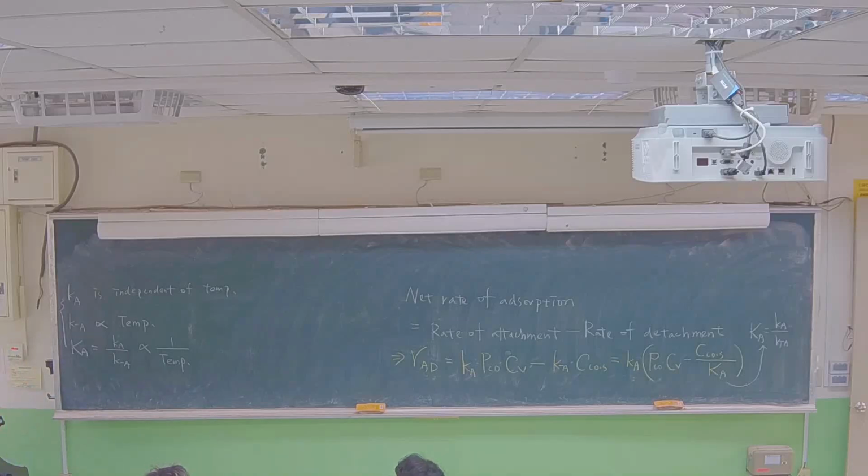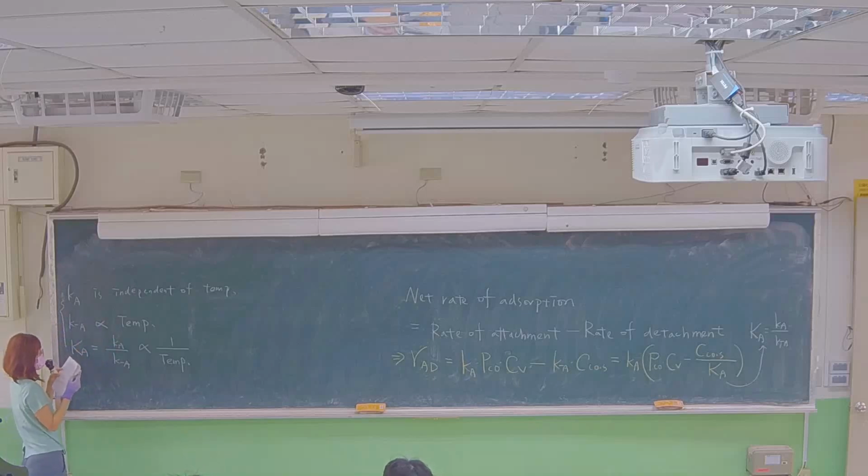Ka is the constant for attachment, so the attachment constant is independent of temperature. However, at a higher temperature the detachment will be more serious, so the detachment rate constant is proportional to the temperature.